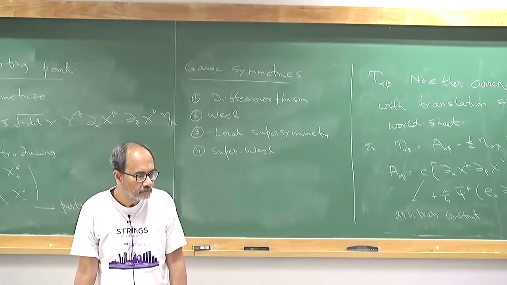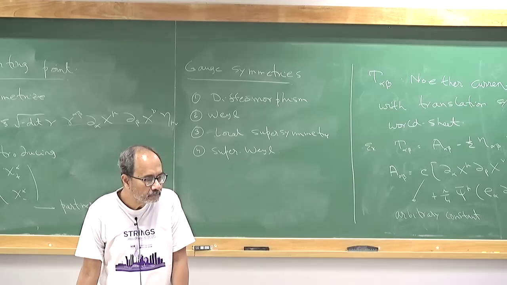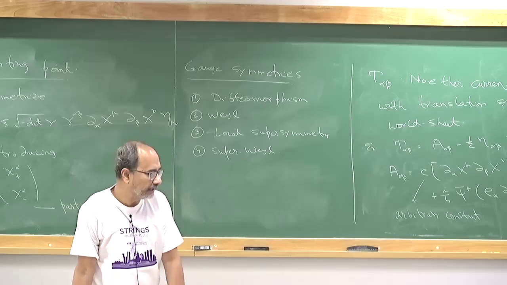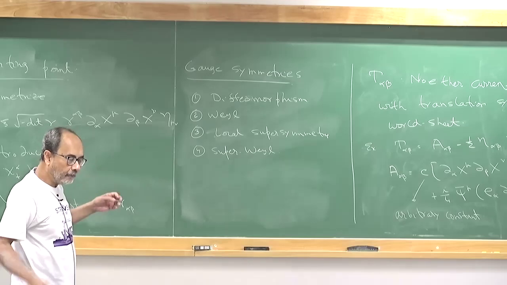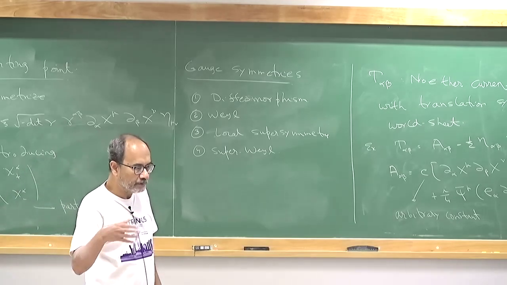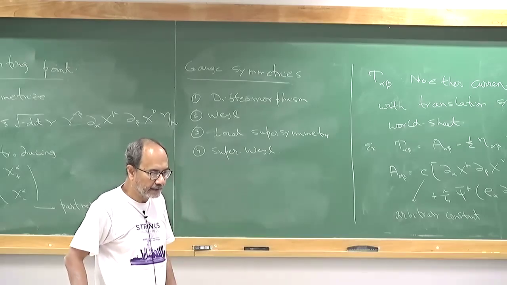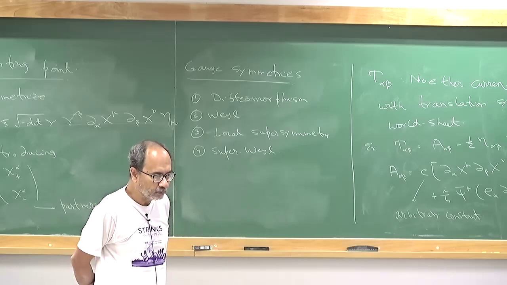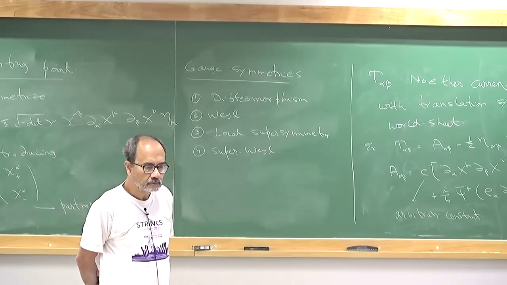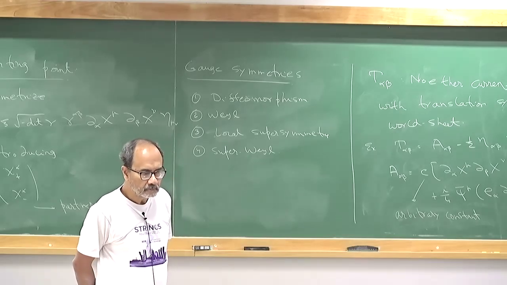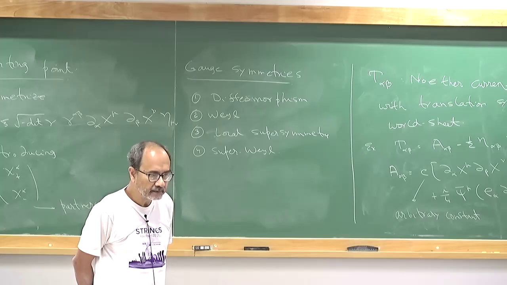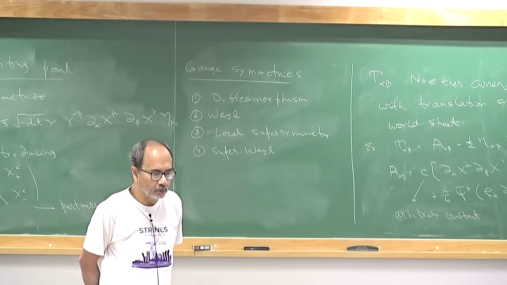You just have to write some Rarita-Schwinger kind of action, the action for psi coupled to the background metric, to gamma alpha beta, to a stress tensor, and then an appropriate action for the Rarita-Schwinger field coupled to the 2D metric. And you can write all of those terms by demanding invariance under rigid supersymmetry, and you'll automatically get local supersymmetry.